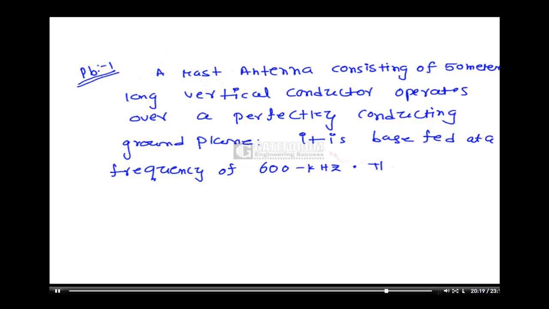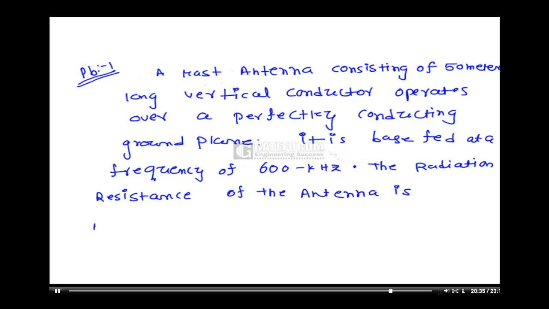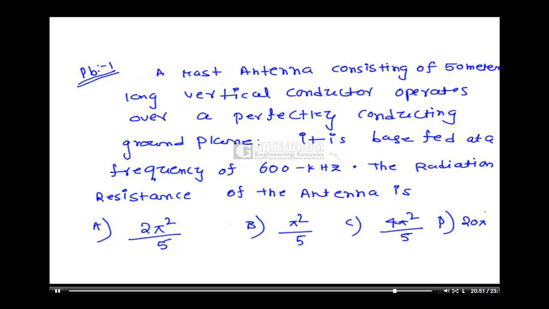The radiation resistance of the antenna is: option A, 2 pi square by 5; option B, pi square by 5; option C, 4 pi square by 5; option D, 20 pi square.